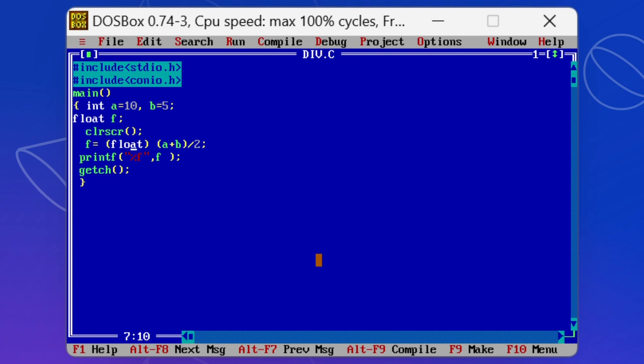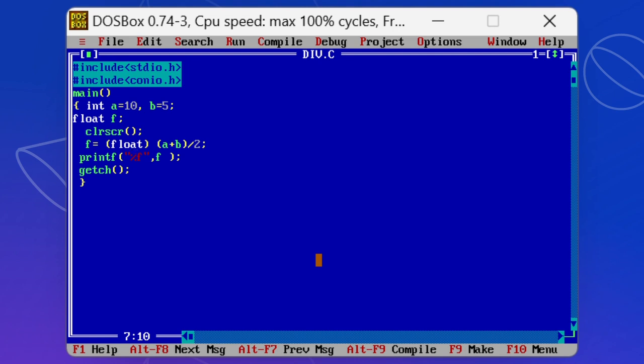Now this typecasting is a unary operator, and it has got more precedence than addition and division and bracket. It is a unary operator, and it has got more precedence than all these things.